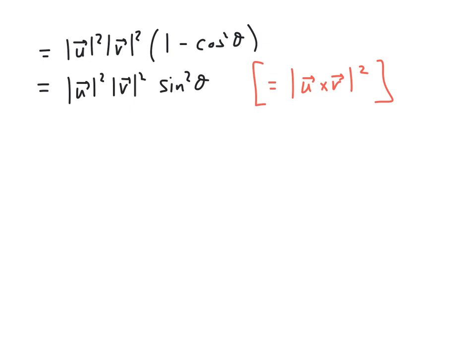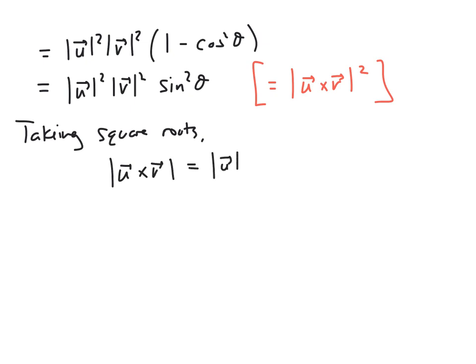And because these are all positive numbers, the magnitudes of vectors are always positive, and because theta is between 0 and pi, sine of theta is going to be a positive value. So if we take square roots of both sides, we get exactly what we want. We get that the magnitude of u cross v is equal to the magnitude of u, the magnitude of v, times the sine of theta.